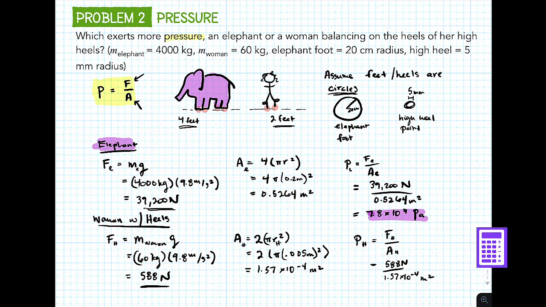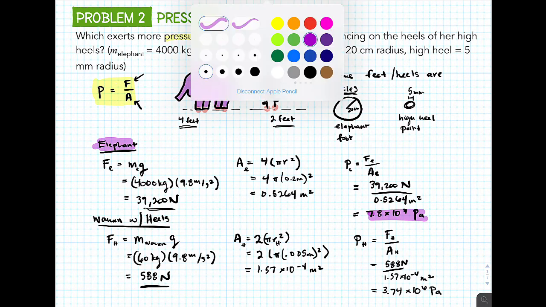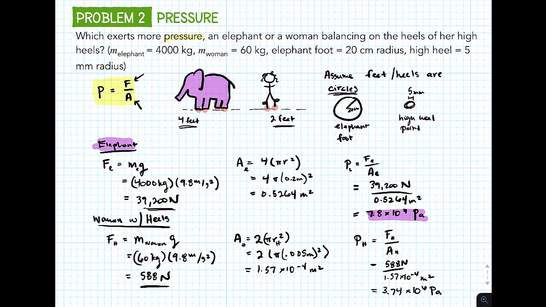And that's going to give us 3.74 times 10 to the 6th pascals. So here is our woman in heels. This is our pressure.